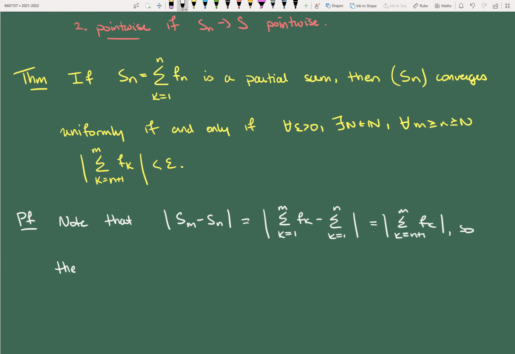So the theorem statement is that S_n is uniformly Cauchy.